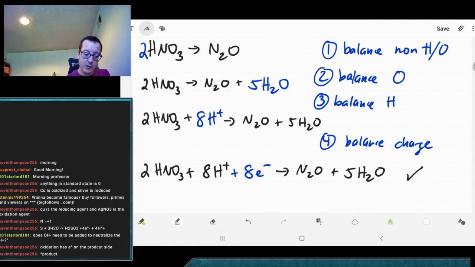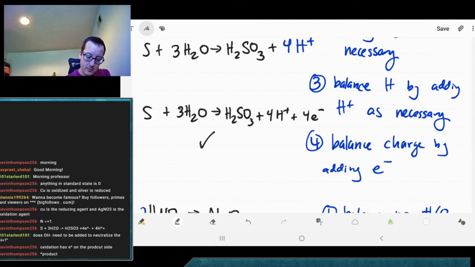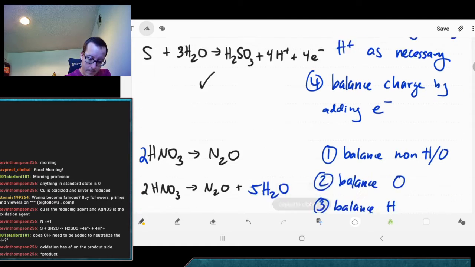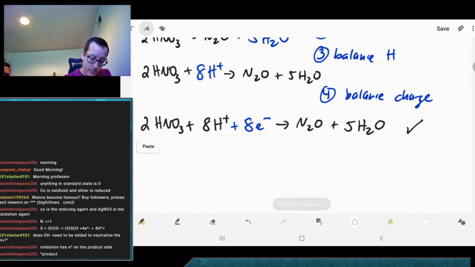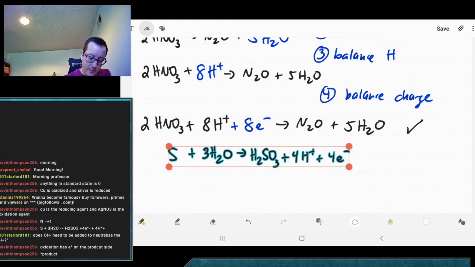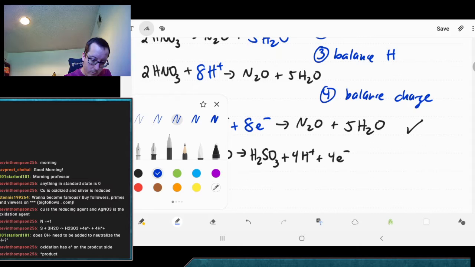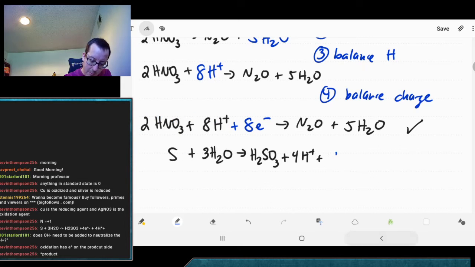And so if we take a look at our last half reaction, I'm just going to make the electrons a little bit obvious here. So these were our 2 half reactions, right?